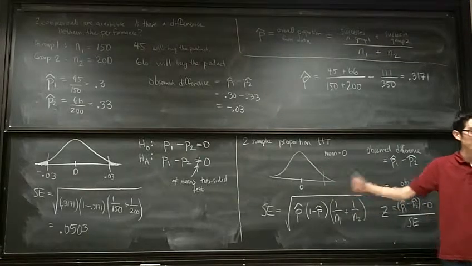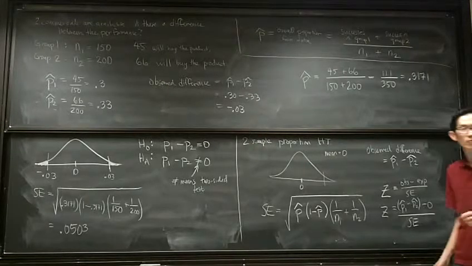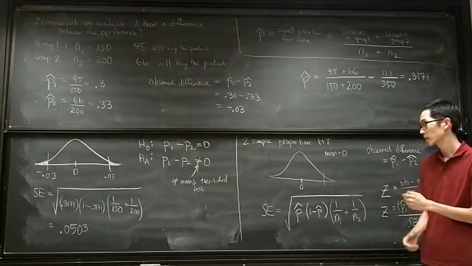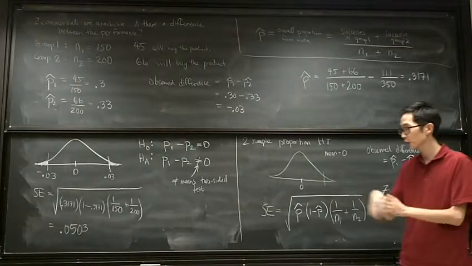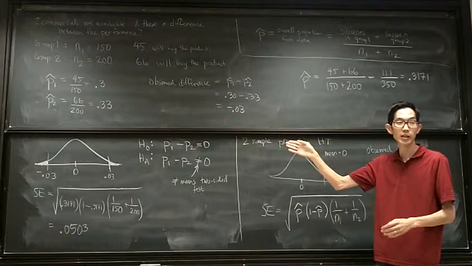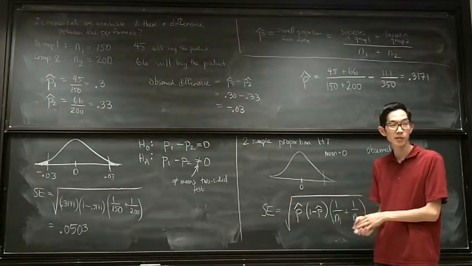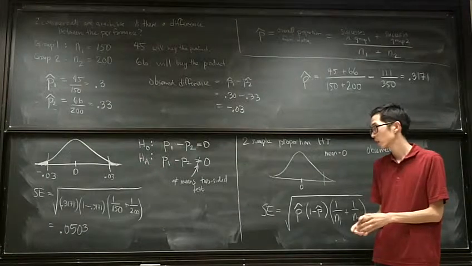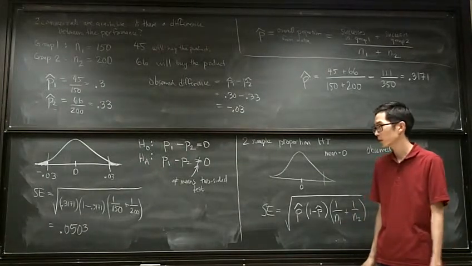Are we getting this? Okay, good. How do you do the third part? I'm just doing parentheses, 1 divided by 150 plus 1 divided by 200, close parentheses. How many numbers do you like to keep when you square root?